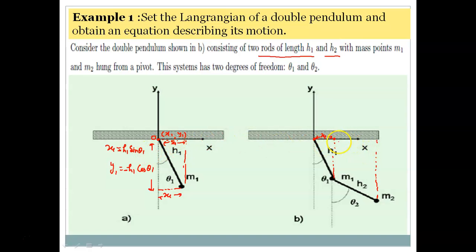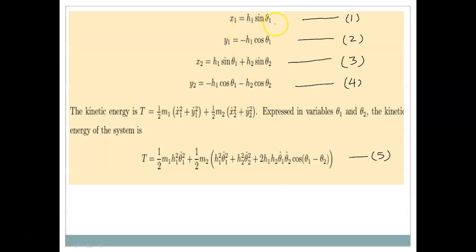Exactly in the same manner, this part will be equal to h2 sine theta2, and similarly for the lower part, the corresponding distance y2 will be minus h1 cos theta1 plus h2 cos theta2. So x1 is h1 sine theta1 as described earlier, y1 is minus h1 cos theta1.